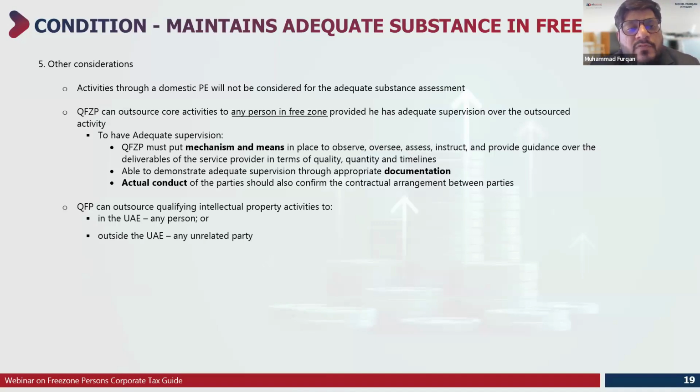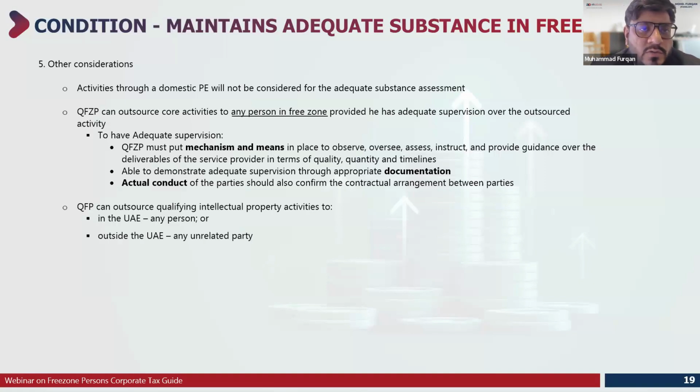For example, if a free zone person has a domestic permanent establishment in the mainland, any activity performed by the mainland will not be considered as core income generating activity, and all its activities will be ignored to assess the adequate substance. Next, a qualified free zone person can outsource activities to any person in a free zone, provided he has adequate supervision over the outsourced activity.